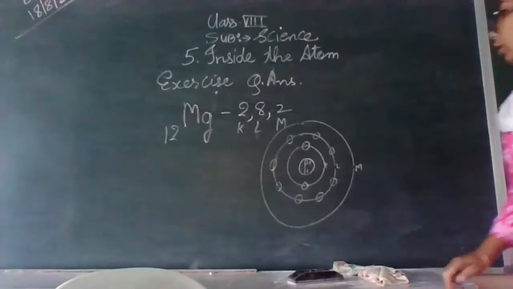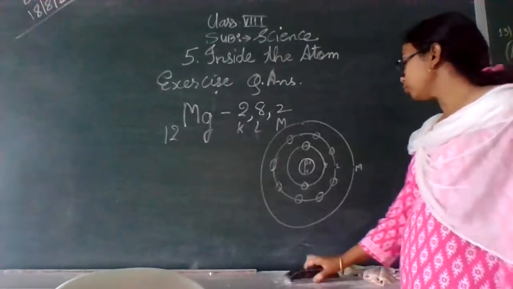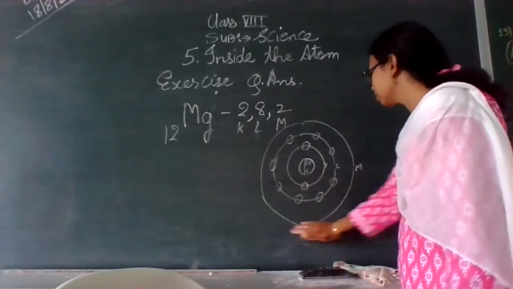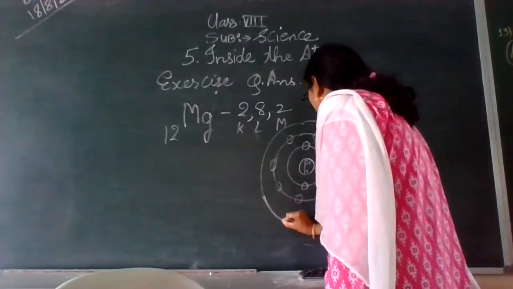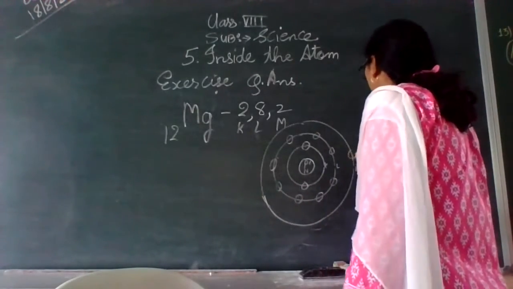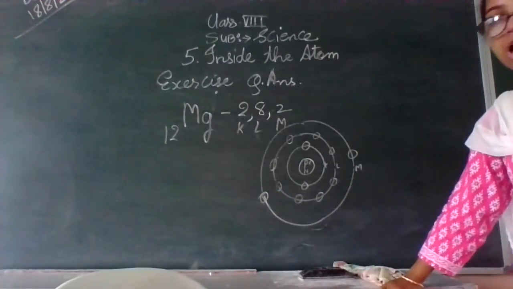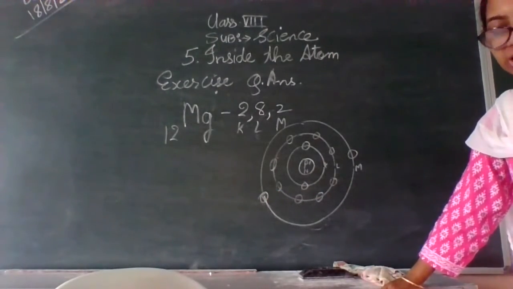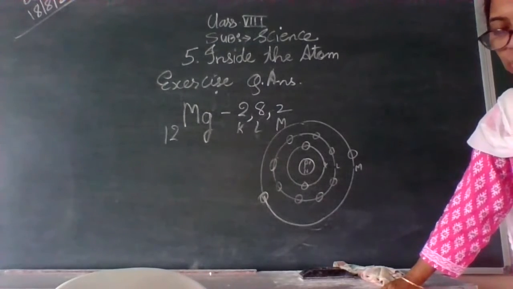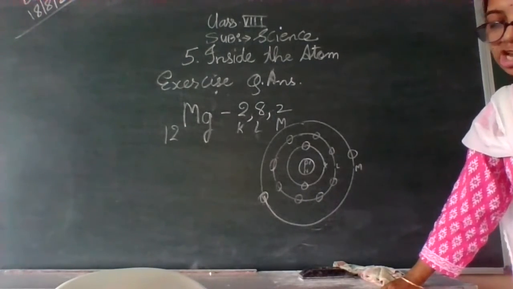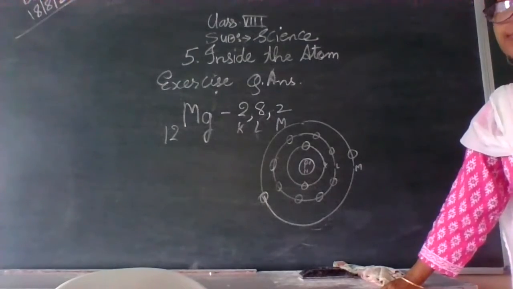And finally, in the outermost M shell, we have only 2 electrons. That is, this atom is going to be unstable, with only 2 electrons in the outermost M shell.